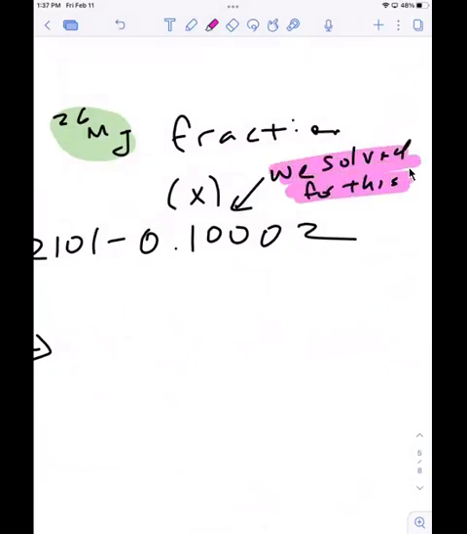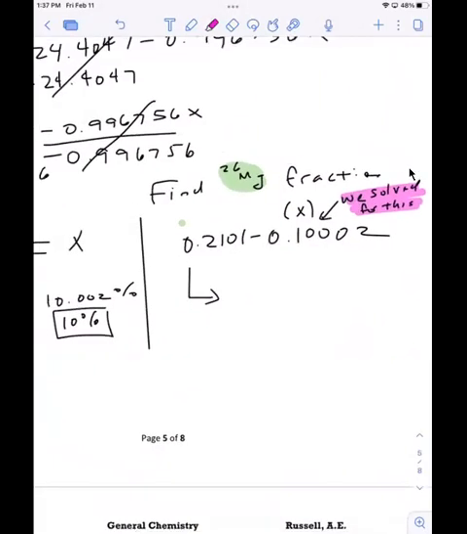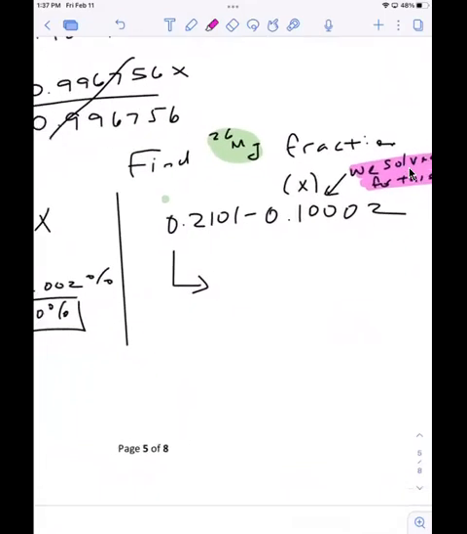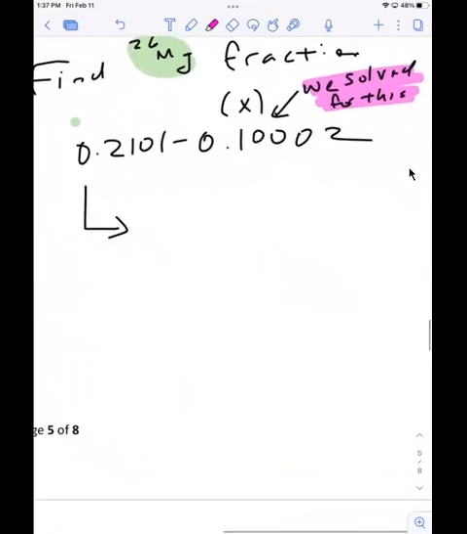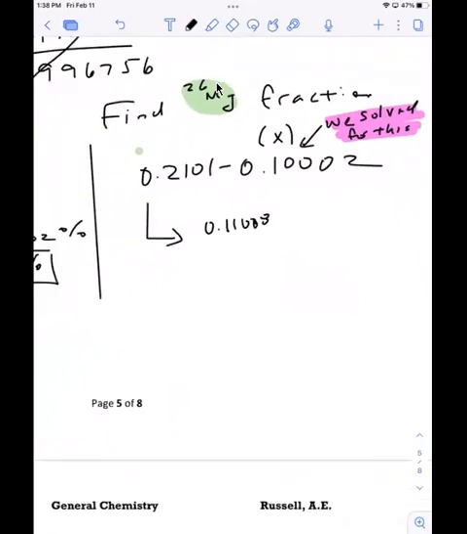So we solve for that and we just plug it right back into that other term. Okay, I see it. Thanks, Mary. 0.11008. That's the term for that, the fraction for the second term.